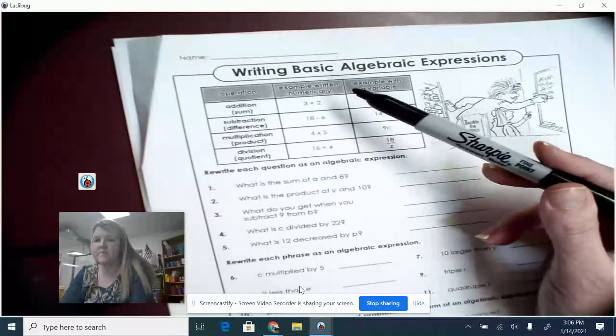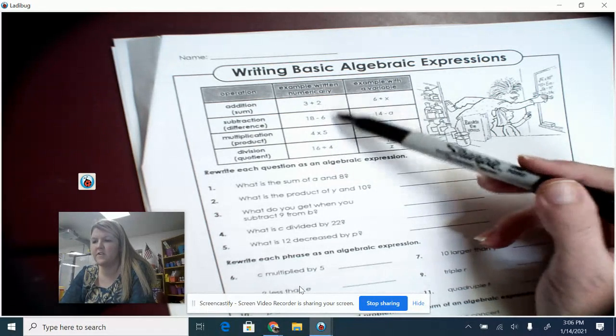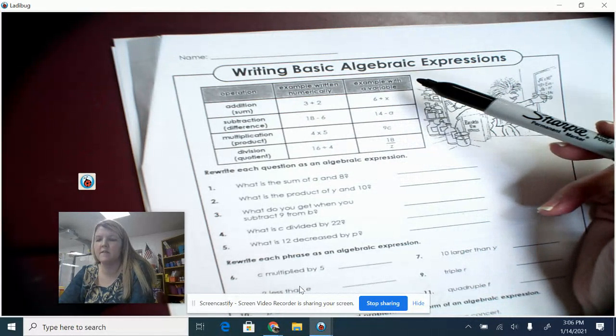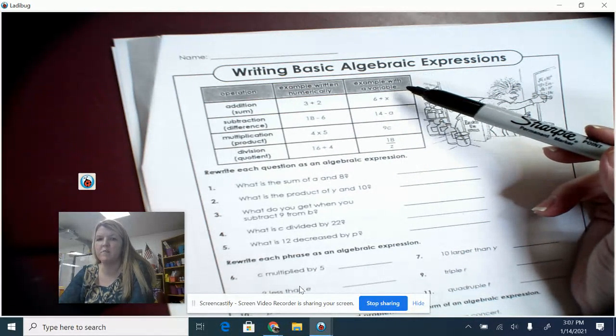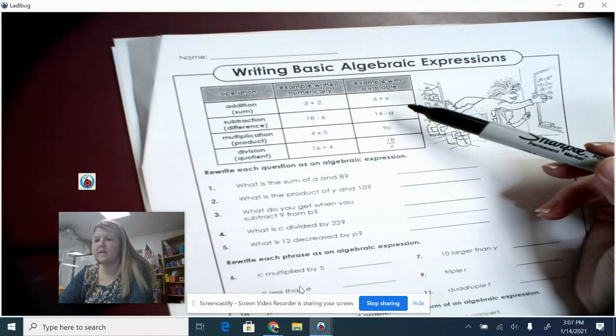Now, if we just write these expressions with numbers, this first column gives us the answer here. And then the second column gives us an example with a variable. So remember, the variable is just a letter that stands for an unknown amount.